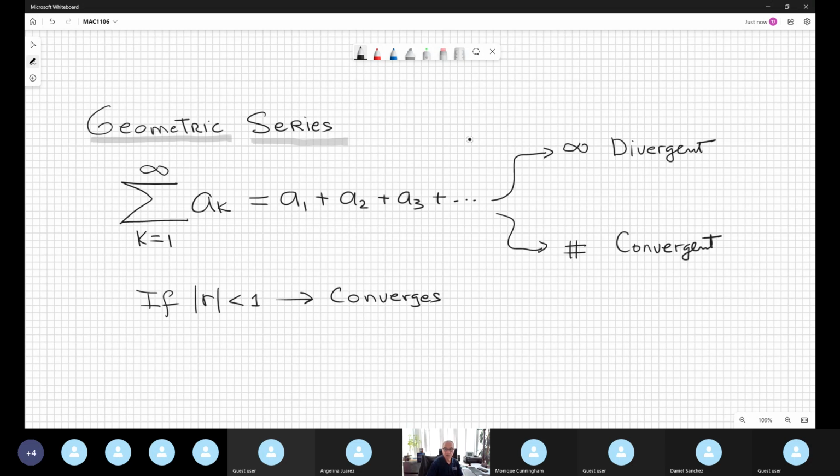This is the noun, convergent, and this is the verb, converges. Otherwise, if the opposite case, the absolute value of r is greater than or equal to 1, including equal, it is divergent.